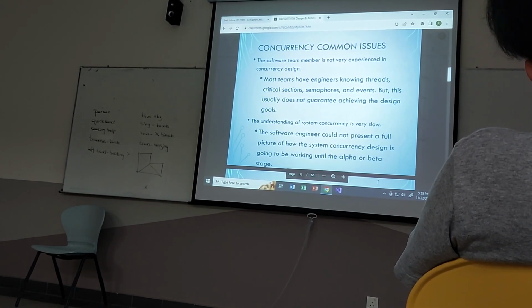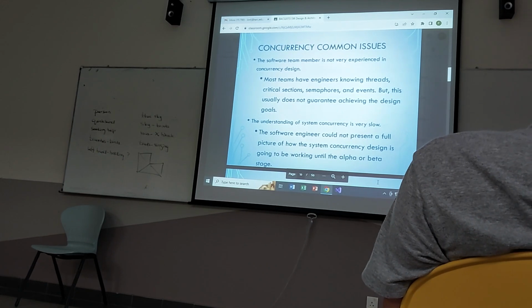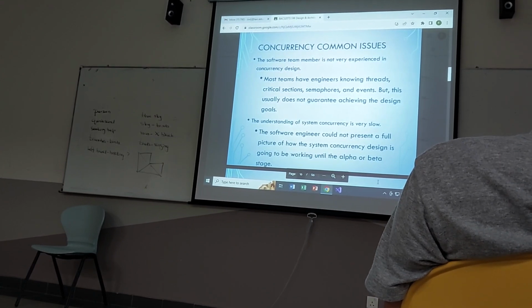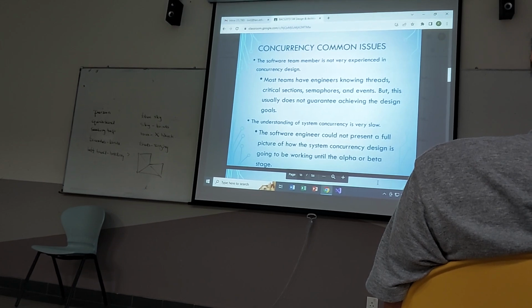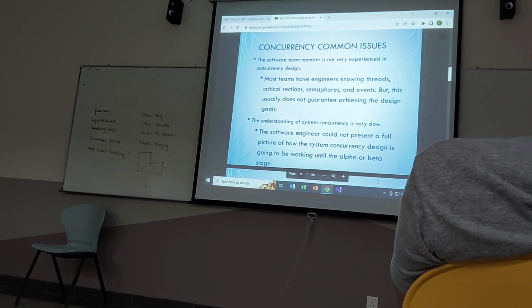Common concurrency issues. Actually, all these issues are more about the understanding of concurrency, either by the developers themselves or by the marketing team. Let's look at the first one: the team member is not experienced in concurrency design. Most engineers know threads, critical sections, semaphores and events, but that does not guarantee that the concurrent processes or functions can be designed to run well.